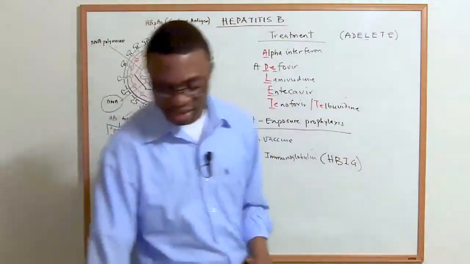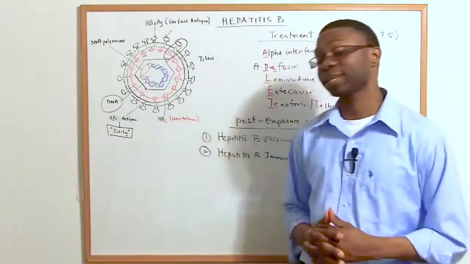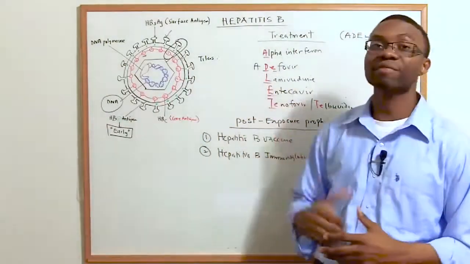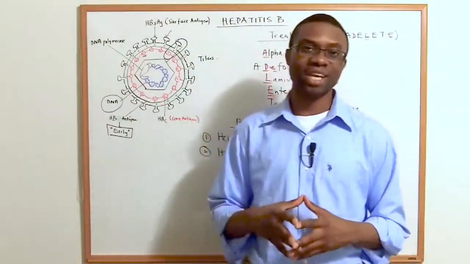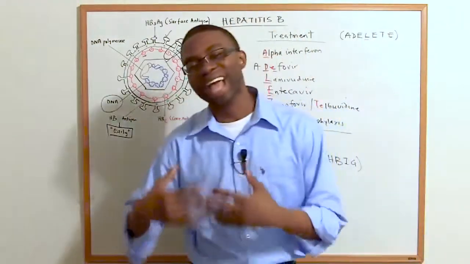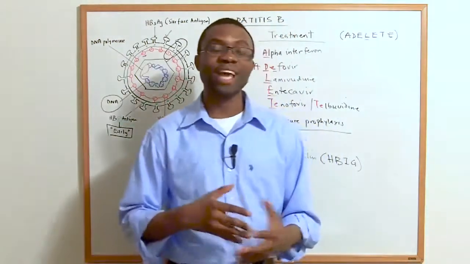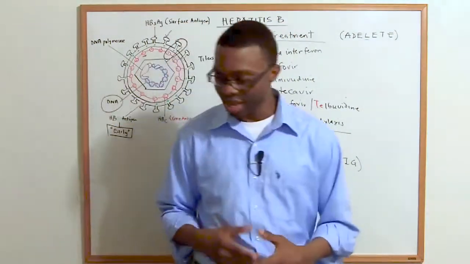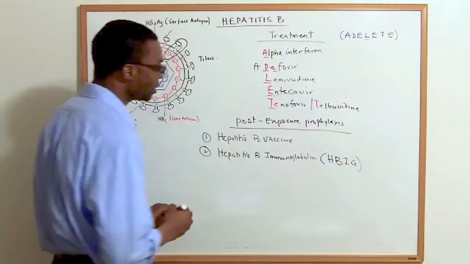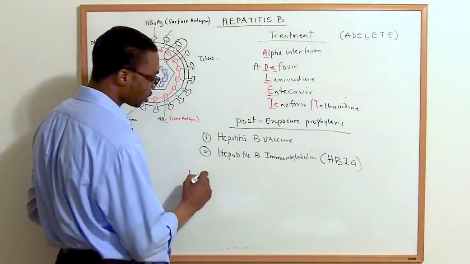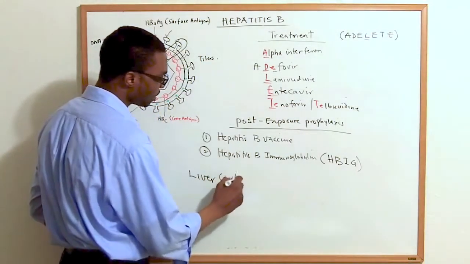Now, why do I care about the 5% again that develop that chronic infection? Because chronic hepatitis B will cause you to have damage, hepatocellular damage to the liver. And damage will lead to what? Fibrosis. And fibrosis of the liver is known as liver cirrhosis.